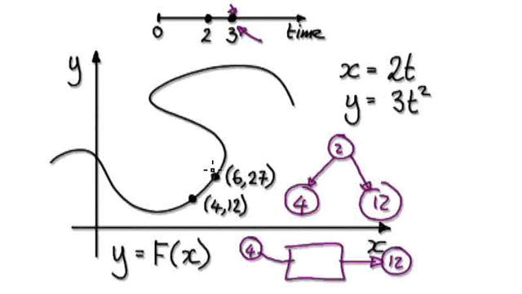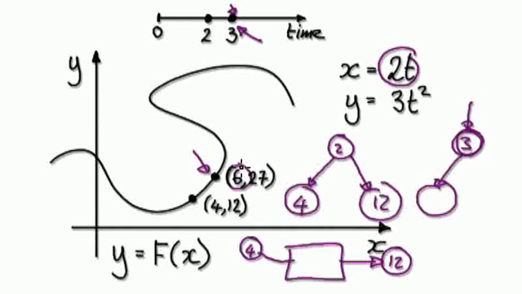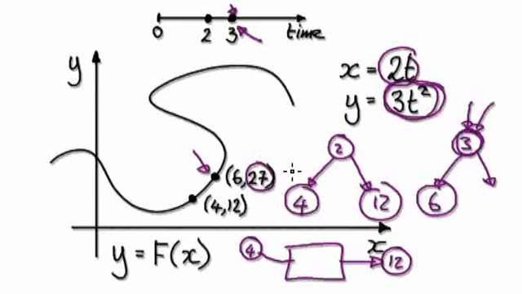That's this point here. When time is 3, if you input 3, then following this, the x coordinate will be 6. When you input time as 3, the y coordinate will be 27.